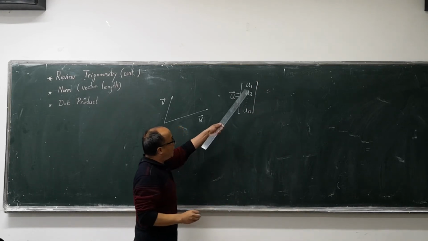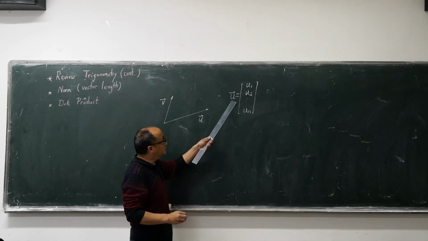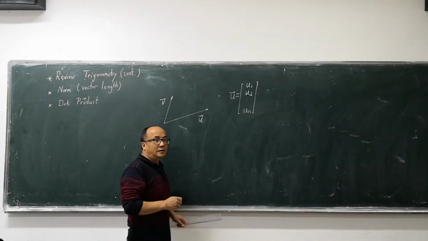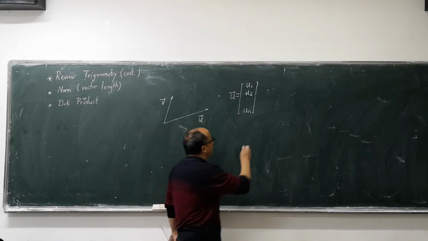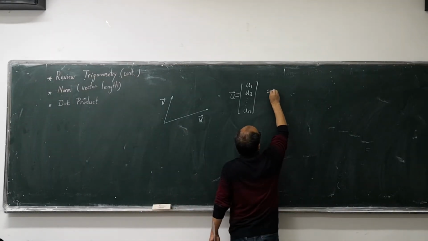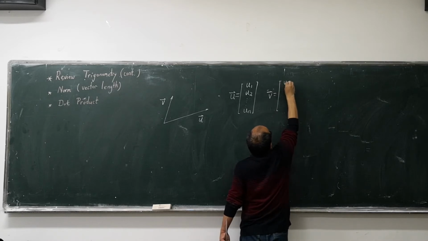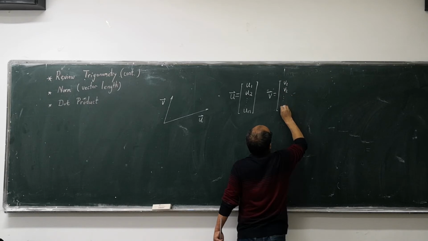This means the vector is in n dimensions. And V is V1, V2, up to Vn.